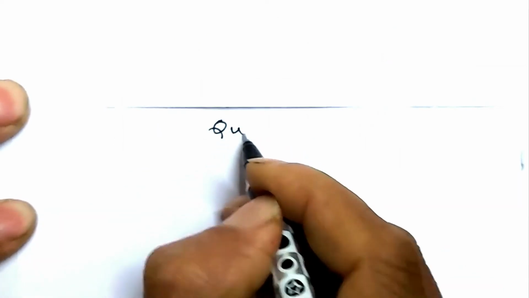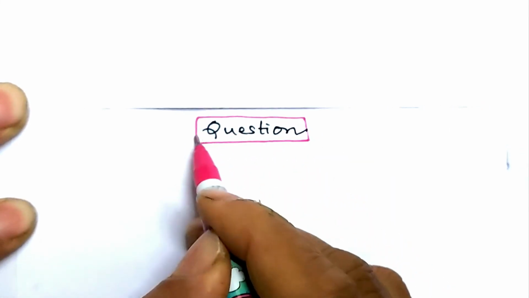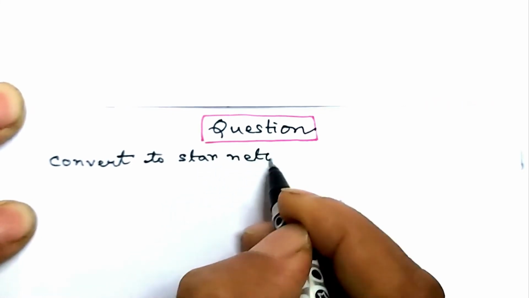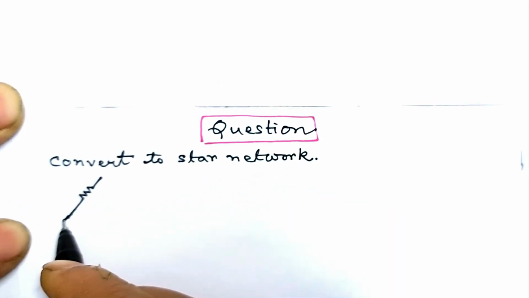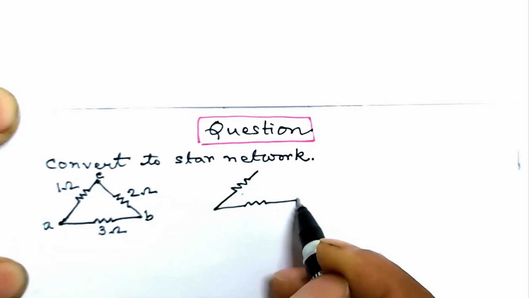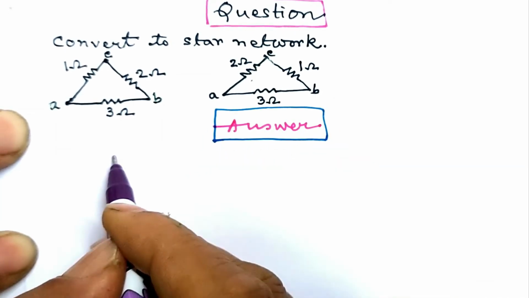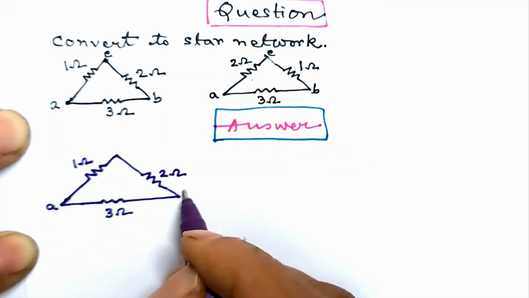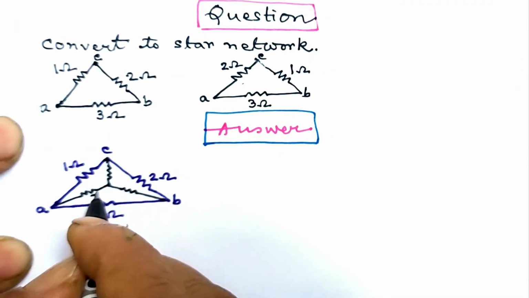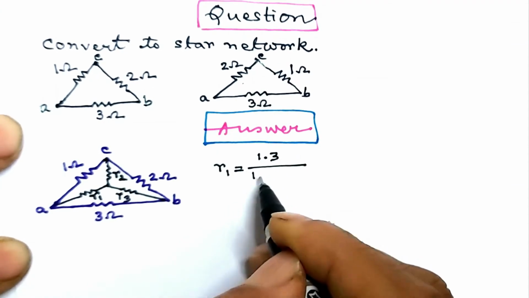We present two more questions for practice. The questions are: convert to star network the following delta networks. The answer: consider the first delta network, build the corresponding star network, and use the formula to get.